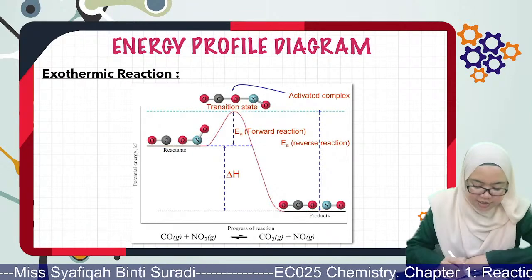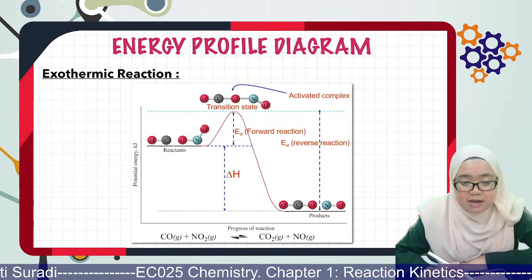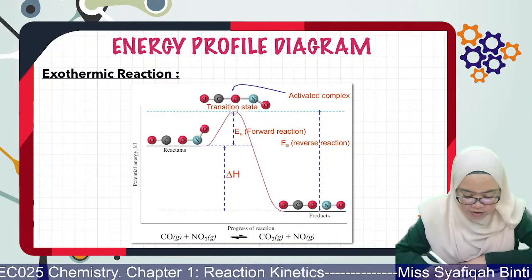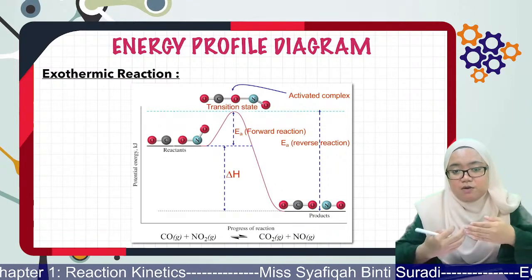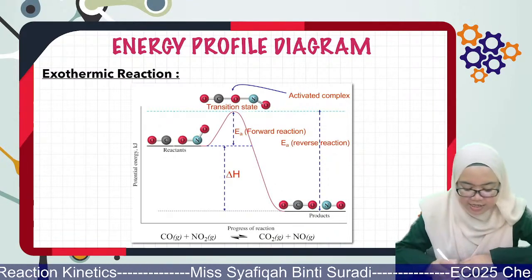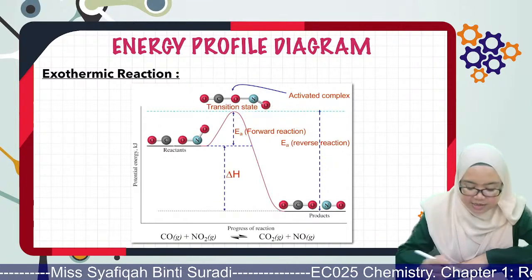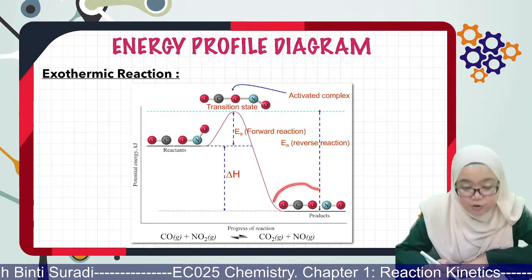Okay, so dekat reactant kita ni, okay, and then bila dia dah ada cukup energi, dia akan pergi naik atas, dia akan ada transition state, means dia dah on the way nak form new product. Okay, ini kita panggil activated complex. Okay, and then lepas tu dia akan turun untuk form product.